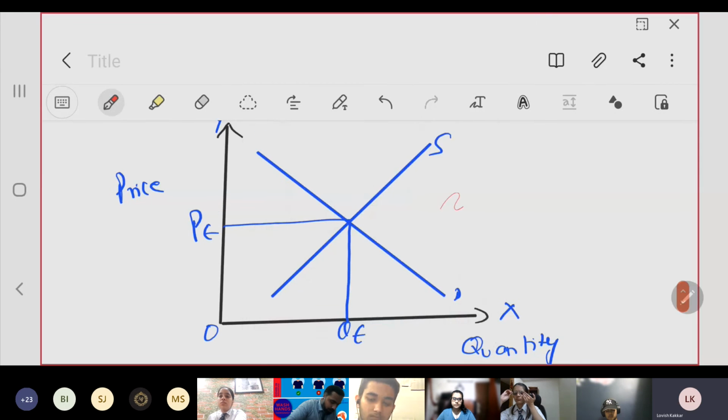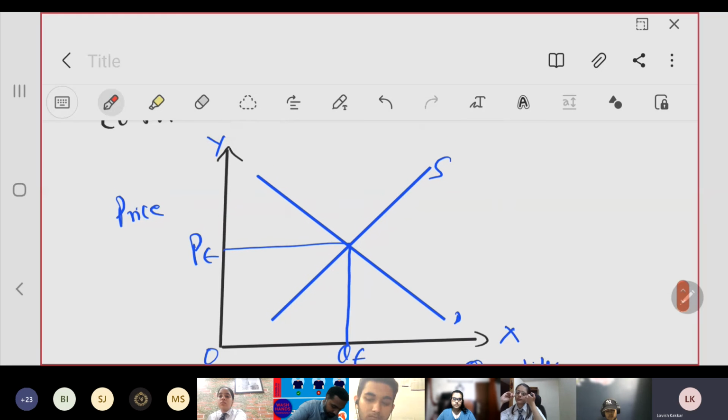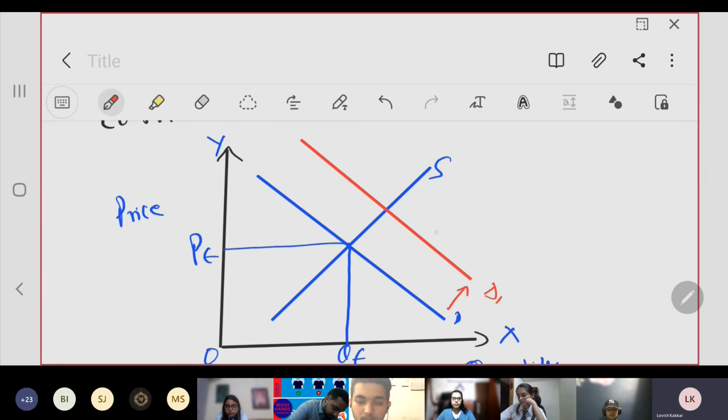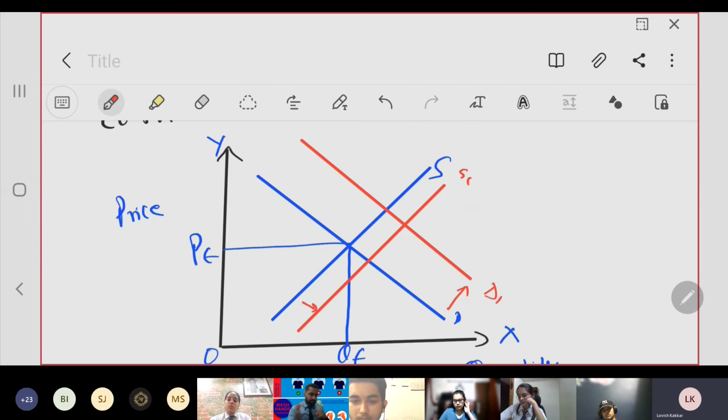The rightward shift in demand curve will be more, and ensure that the rightward shift in supply curve is less. Now, this is what we did in the previous class.